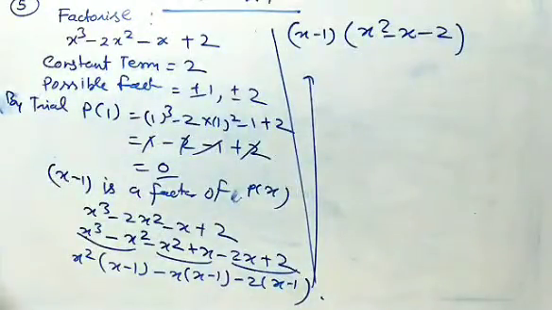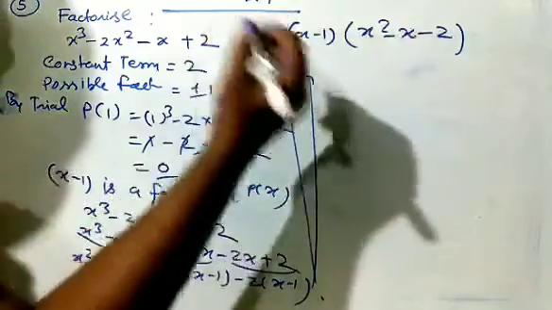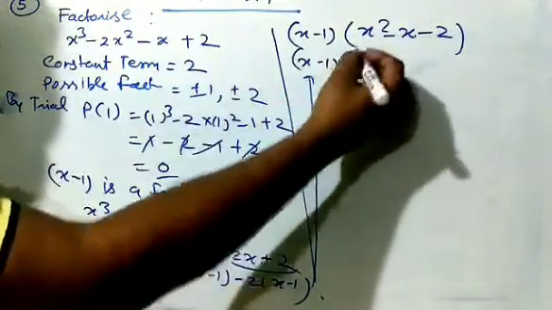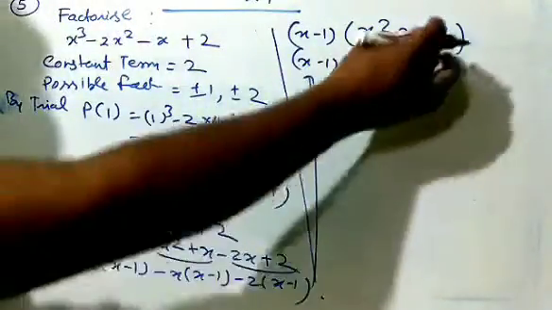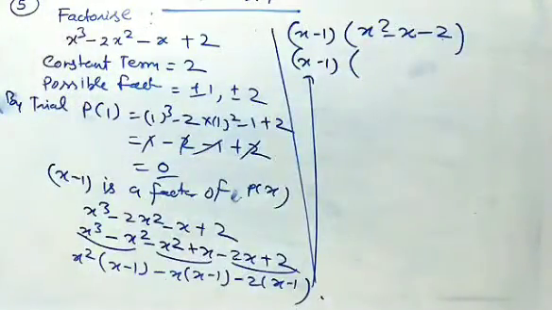Now this is a quadratic polynomial, so you can apply the splitting method, splitting the middle term, keeping x minus 1 as it is. The constant term is 2, so you have to find factors of 2 whose difference is 1.